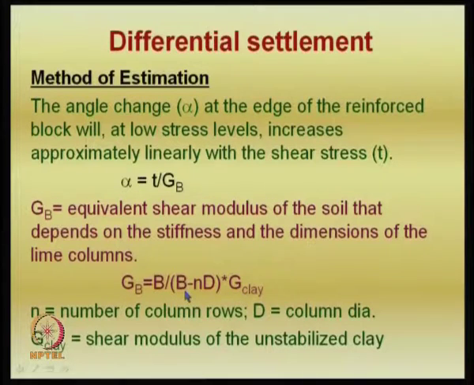So, B minus ND, N is the number of columns and then D. This is the area over which the clay is there. This is the total area. So, you are using a ratio and proportion method knowing the foundation size, B into D, the number of columns, and also the G of the clay, you get this GB.